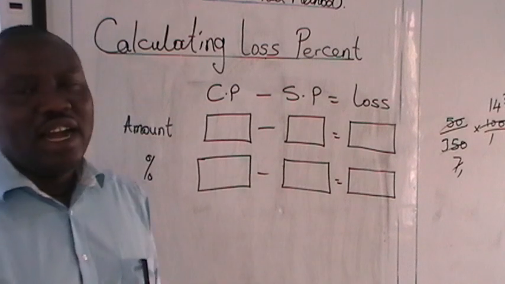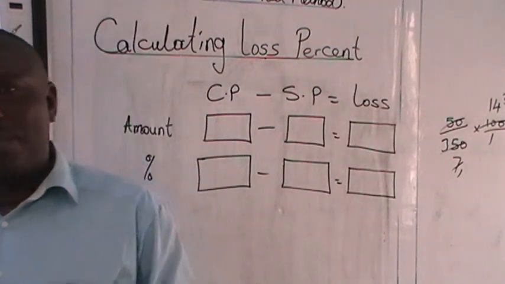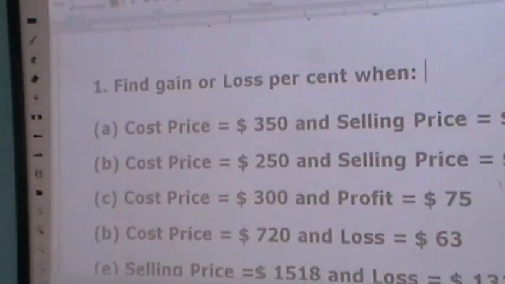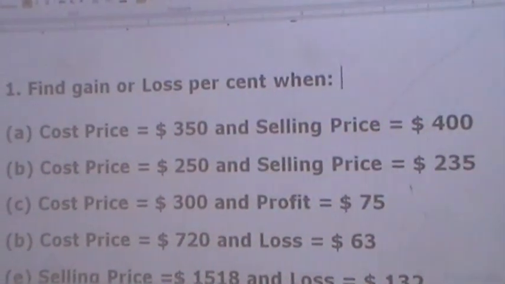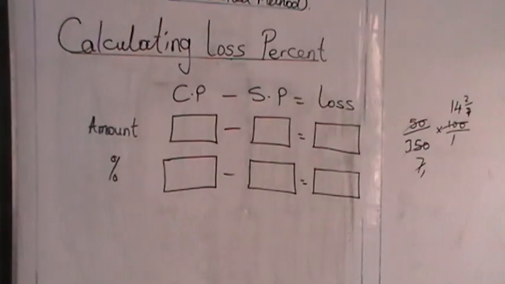No profit there. And in this question 1b, we have the cost price. Remember, cost price is 215, while the selling price is just 235, meaning that the cost price is greater than the selling price. So the person has made a loss.